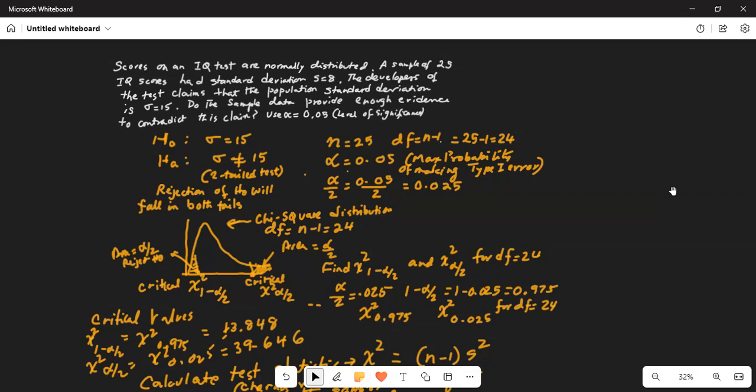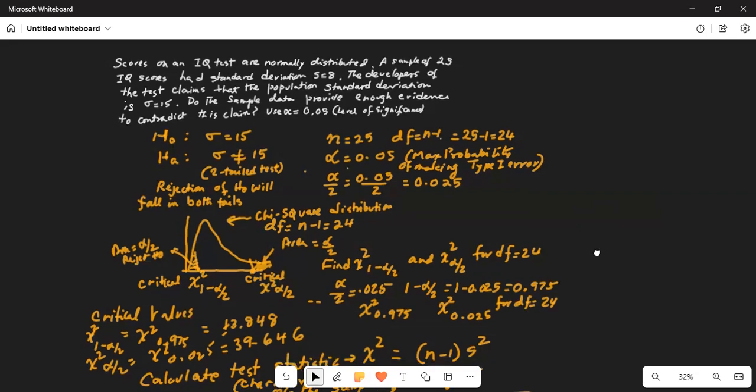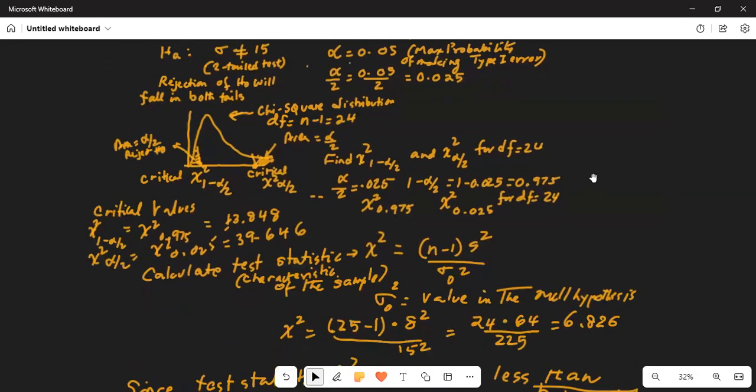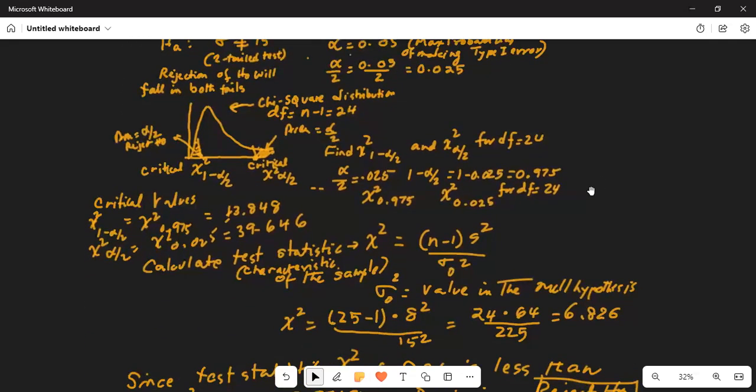So the test statistic is given by the formula chi-square is equal to n minus 1 times s square divided by sigma 0 square. So the chi-square test statistic is equal to 25, the sample size, minus 1, times the sample standard deviation given in the problem statement, 8 square, divided by sigma 0 square, that is the value in the null hypothesis, which is 15 square.